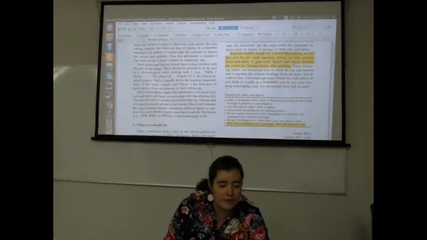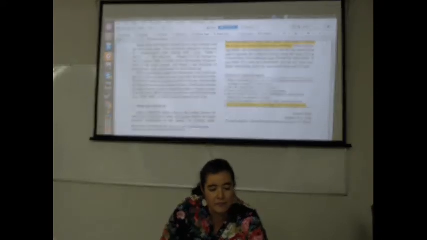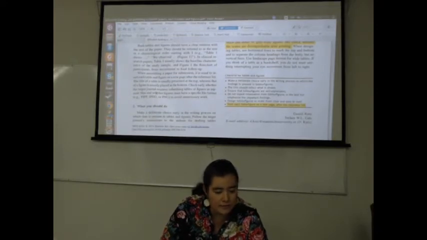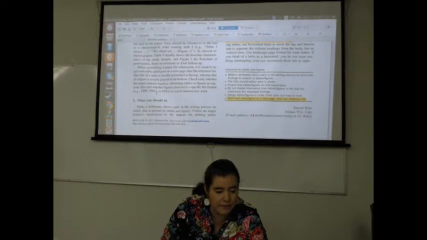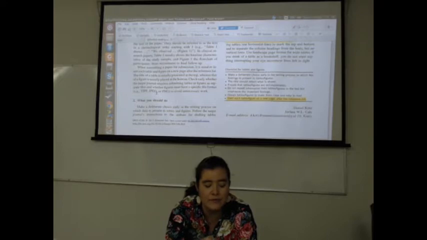Both tables and figures should have a clear relation with the text of the paper. Okay. They are saying that the tables and figures and graphics are inserted after the bibliography, the reference list.